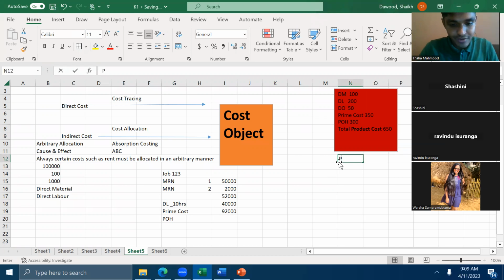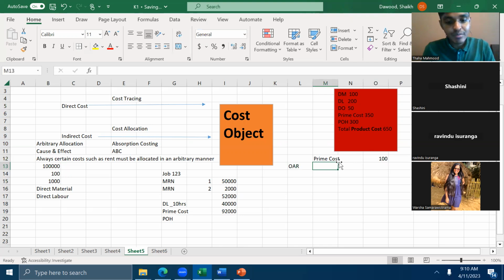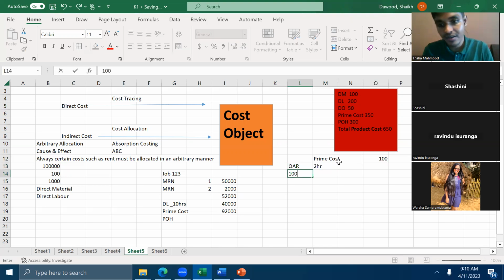We know that prime cost is there. The second reason I'm saying is that prime cost is almost similar always, but if we use actual information throughout the year, it would change. Rather, think that if we use budgeted information, we make an overhead rate. One table takes 2 labor hours, the overhead rate is 100 per hour.